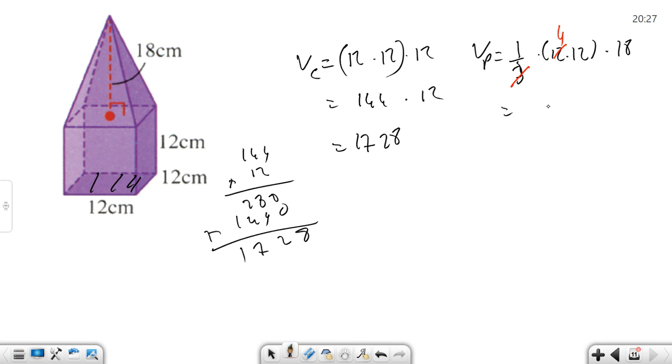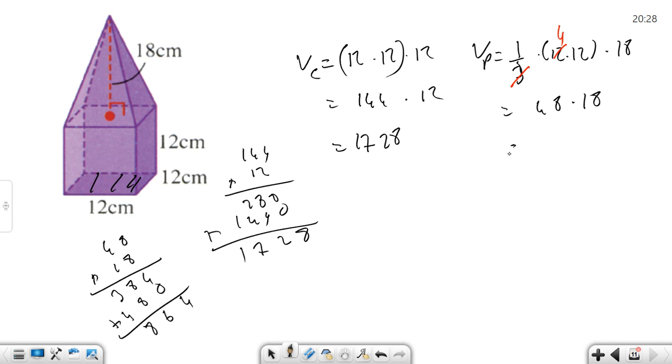So that's 4 times 12, 48, multiplied by 18. Let's calculate it here. 48 multiplied by 18. 8 times 8, 64. 8 times 4, 32, plus 6, 38. Put the 0, add them.